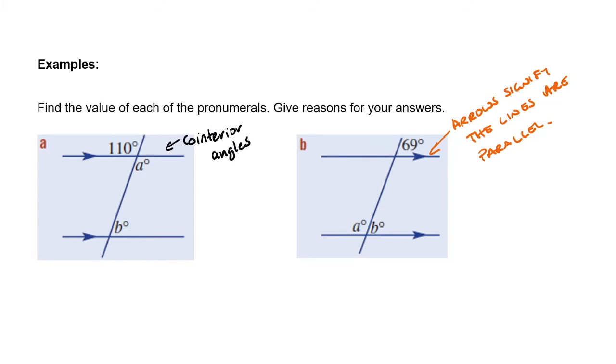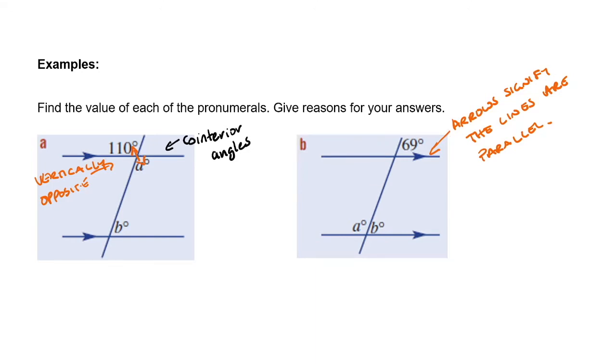We have the co-interior angles, but we also have vertically opposite angles, and we can use that information as well. We need to know all about our other angles as well. So we know that these guys here are vertically opposite.